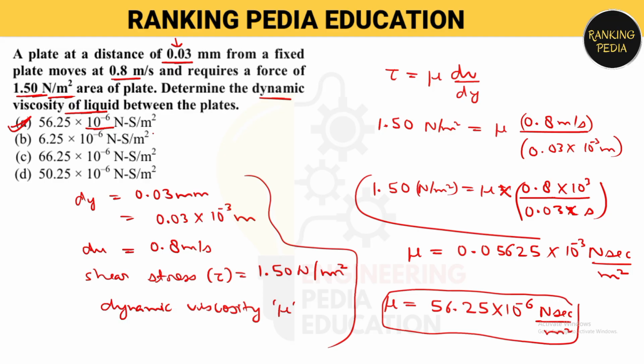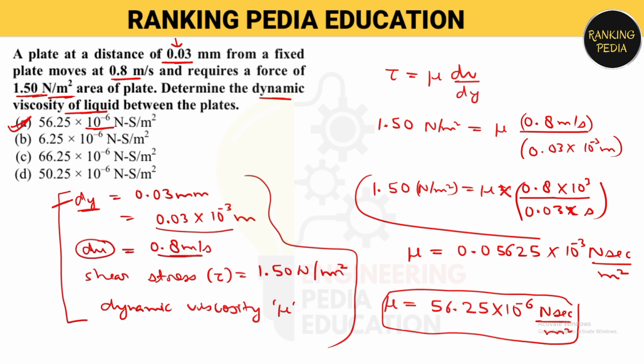So what we have actually done in this question: first we noted down the given quantities. The distance between the moving plate and the fixed plate is dy, which is 0.03 mm, and we converted it to meters as 0.03 into 10 raised to the power minus 3. The velocity of the moving plate is du, 0.8 meter per second.